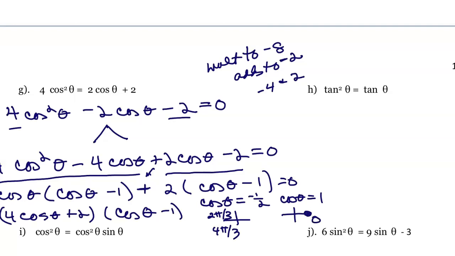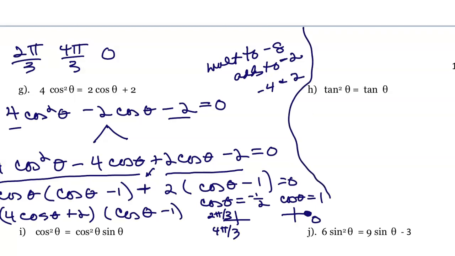So those are your three answers. 2 pi over 3, 4 pi over 3, and 0. I'll write them here for you. 2 pi over 3, 4 pi over 3, and 0 radians. Okay, let me just put a little barrier here so you can see where that problem ended. Okay, and let's keep going.